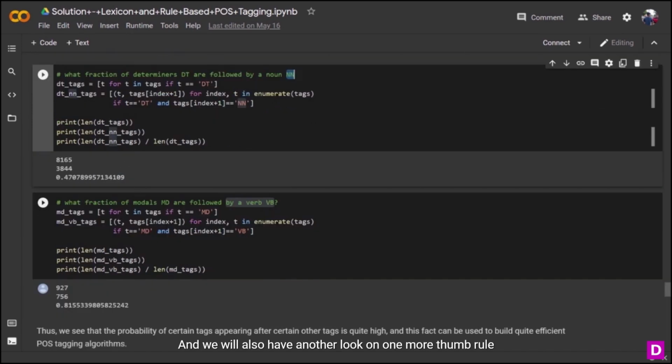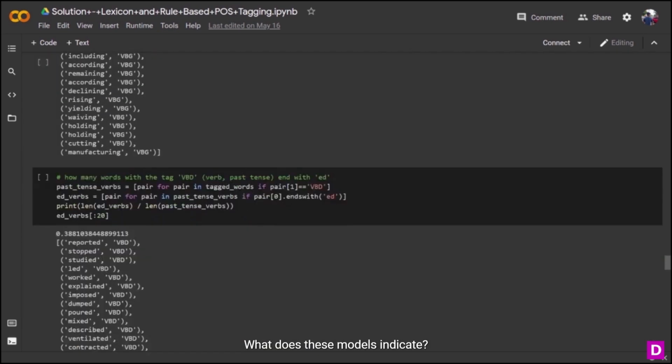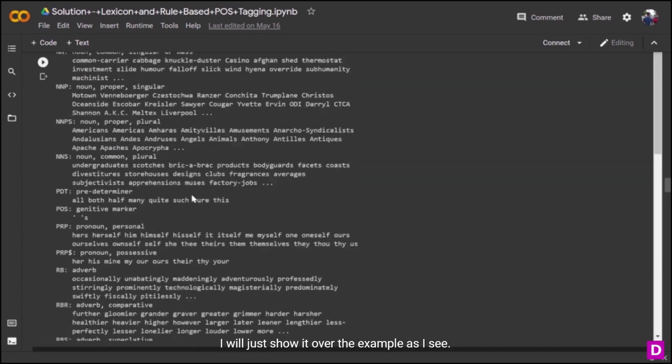And we will also have a look at one more thumb rule or condition in any given text corpus, that is the appearance of modals. Modals, what do these modals indicate? I will show it over the example as well.